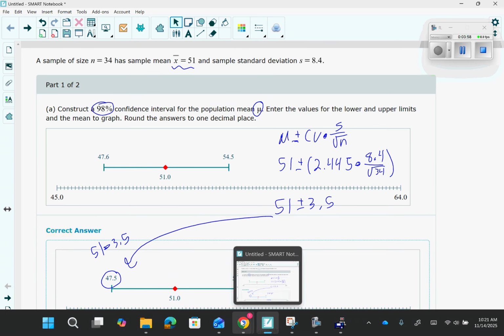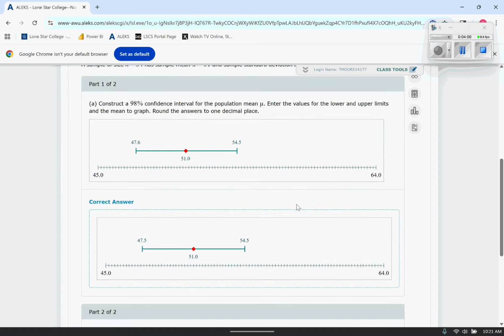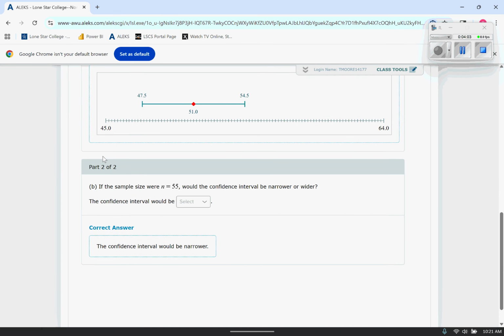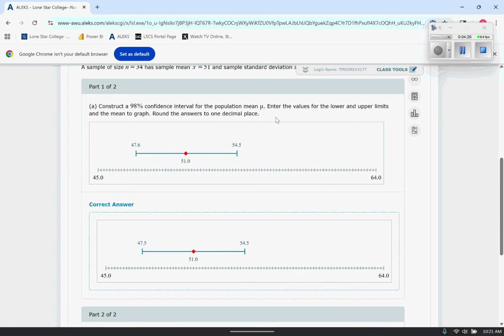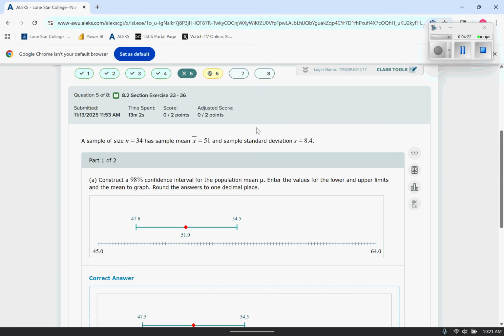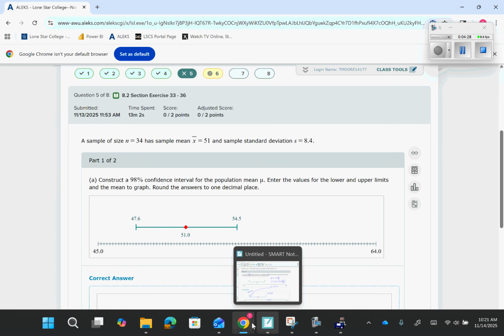So let's go back to here. There was a part 2. So it says if the sample size were 55, would the confidence interval be narrower or wider? Anytime you have more data, it's going to narrow the interval because you'll have a better handle on that standard error dealing with the standard deviation, because you're dividing by, oops, let me go back to my formula so we can see it here.